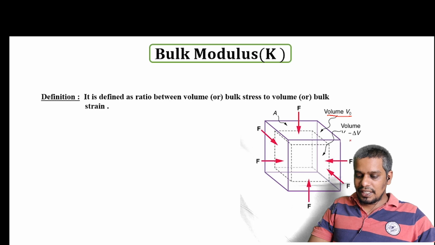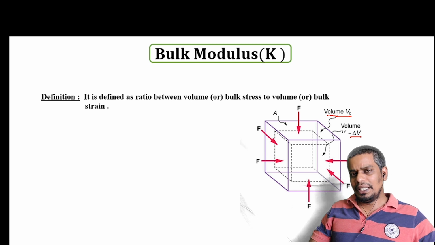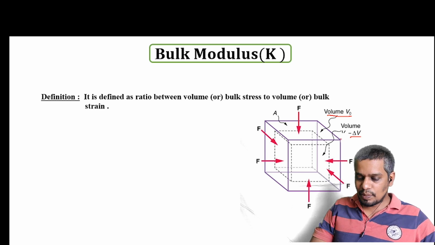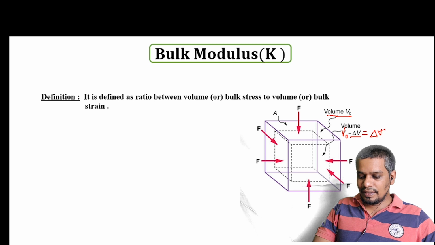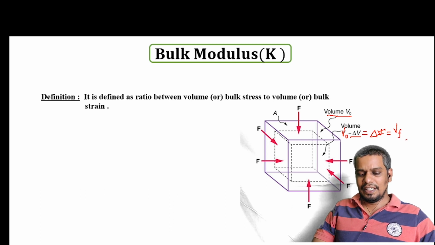After compressing, the change in volume is delta V. The volume after compressing, you can define as V naught minus delta V, where the change in volume is delta V. Because if you subtract the change in volume from the original volume, it will give the final volume. Yeah, that's the best way we can define it.